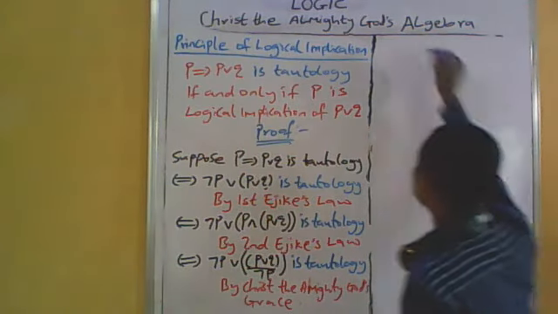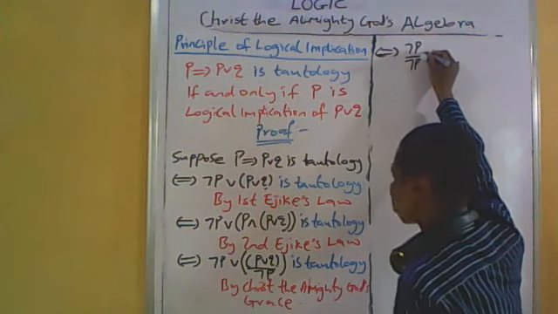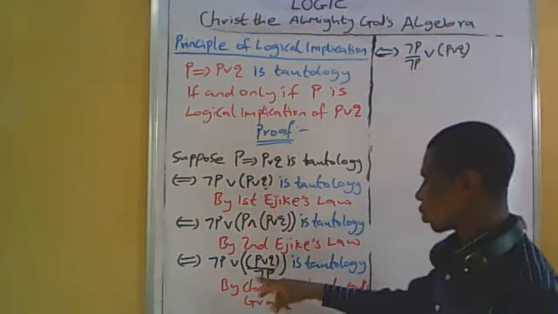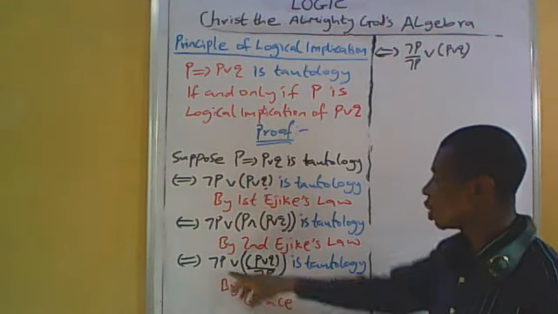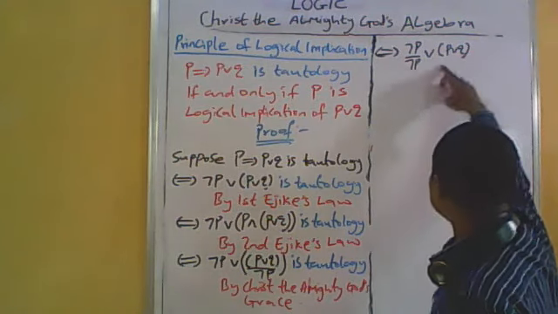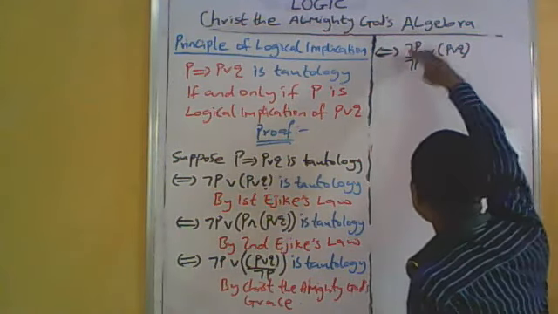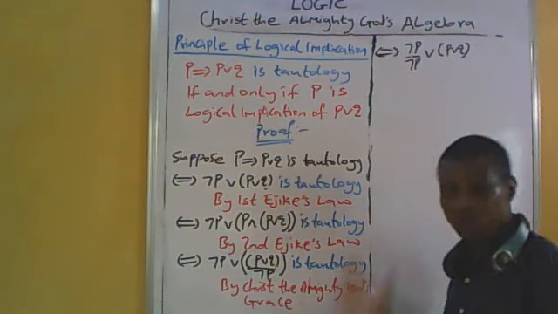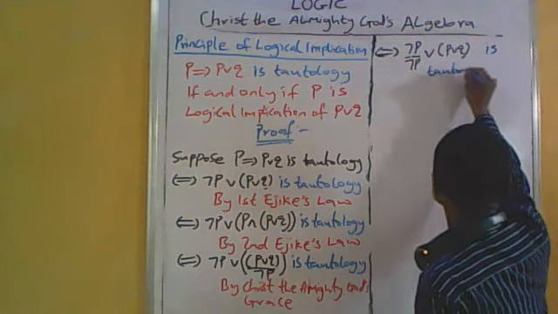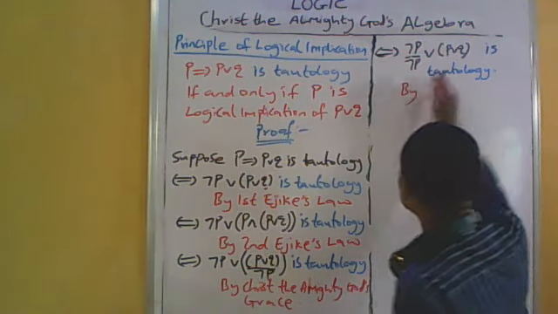We continue to this side. If and only if not P upon not P or bracket P or Q. You see that this not P has now been distributed to this first disjunct not P. That's why we have not P upon not P or bracket P or Q. It is still a tautology because not P upon not P is a tautology, and a tautology or with any term is seen as a tautology. This is a tautology, being justified by the spirit of implication.